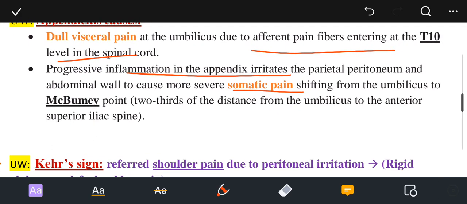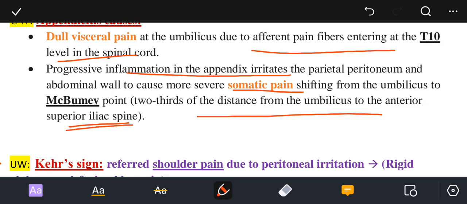The parietal peritoneum and the abdominal wall cause more severe somatic pain, shifting from the umbilicus to the McBurney point, that is 2/3 the distance from the umbilicus to the anterior superior iliac spine. We will see the McBurney point later on when we do appendicitis. But right now remember that initially there is a dull visceral pain in the umbilicus that shifts to the McBurney point.